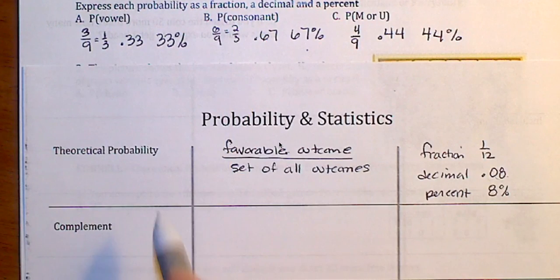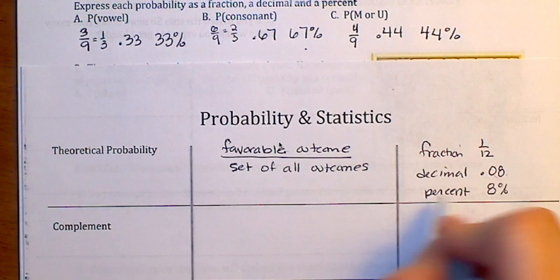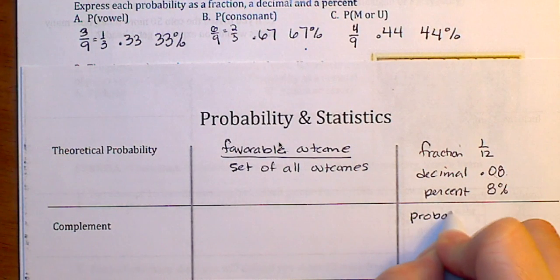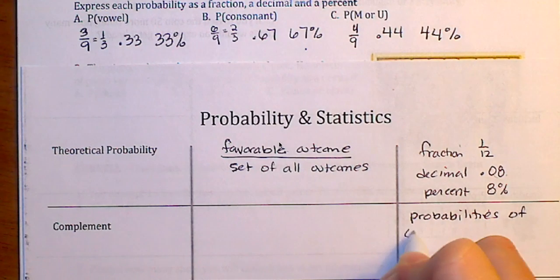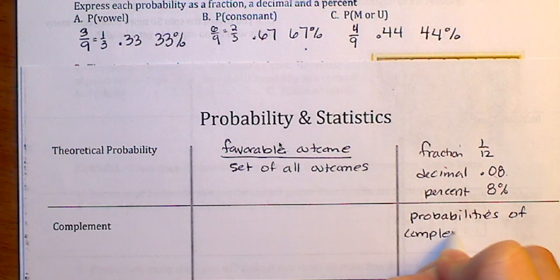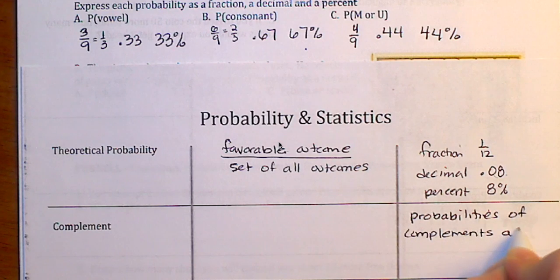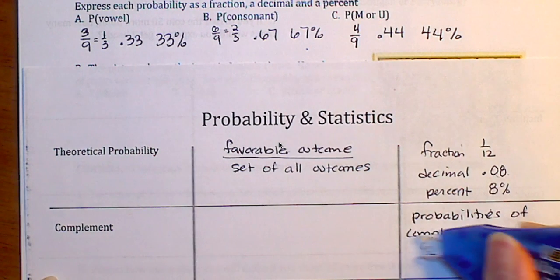So a couple things we want to write down about a complement. First of all, the probabilities of complements add up to 100%.